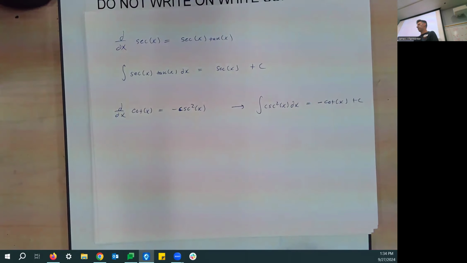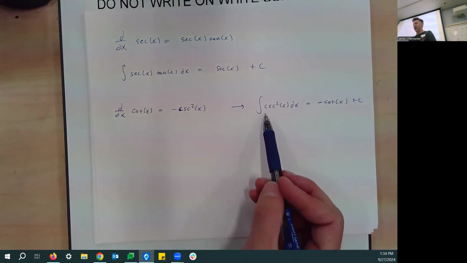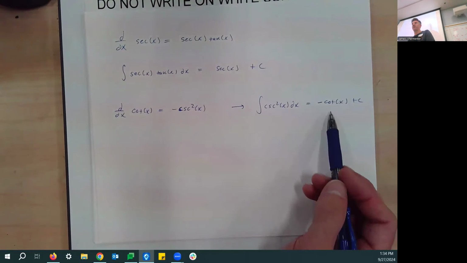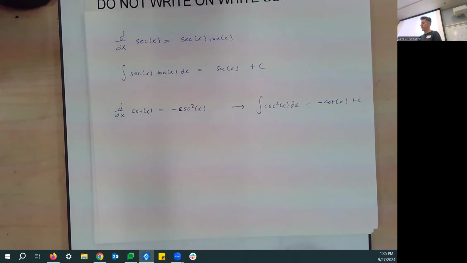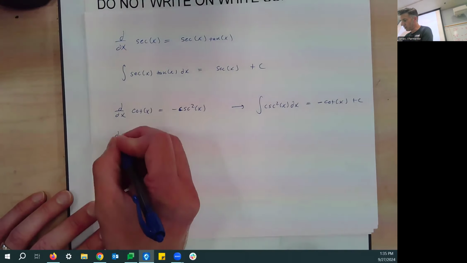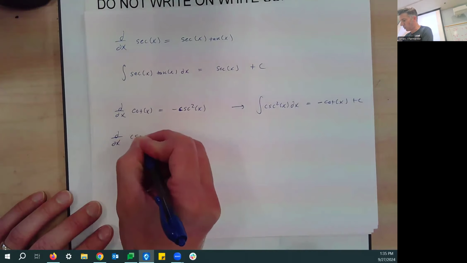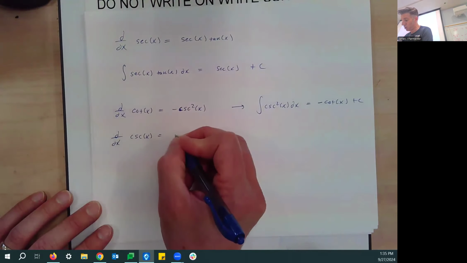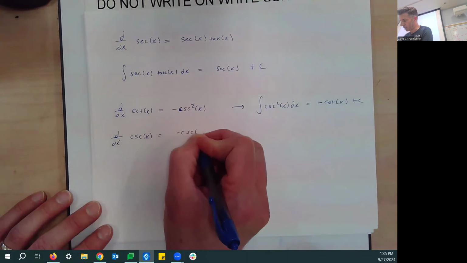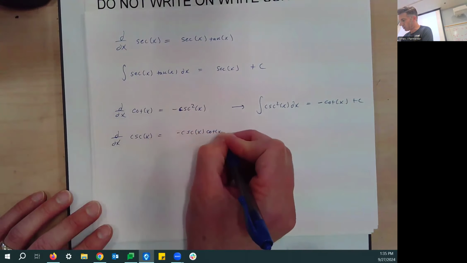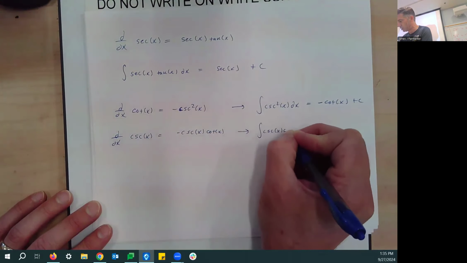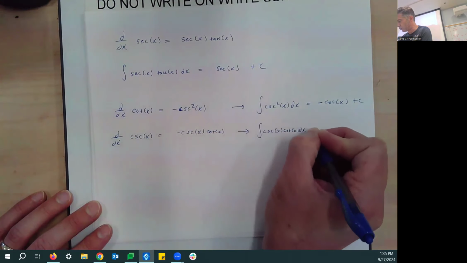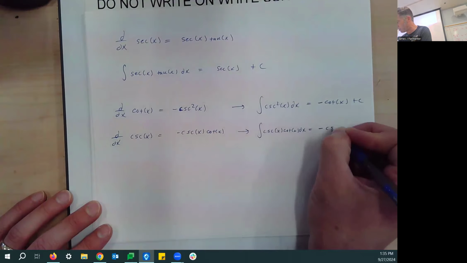You wouldn't usually write the integral of negative cosecant squared is positive cotangent. We usually bring the negative over to the other side just to make it look nicer. In a similar way, we know that the derivative of cosecant of x is equal to negative cosecant of x times cotangent of x. So we also know that the antiderivative of cosecant of x times cotangent of x is equal to negative cosecant of x.